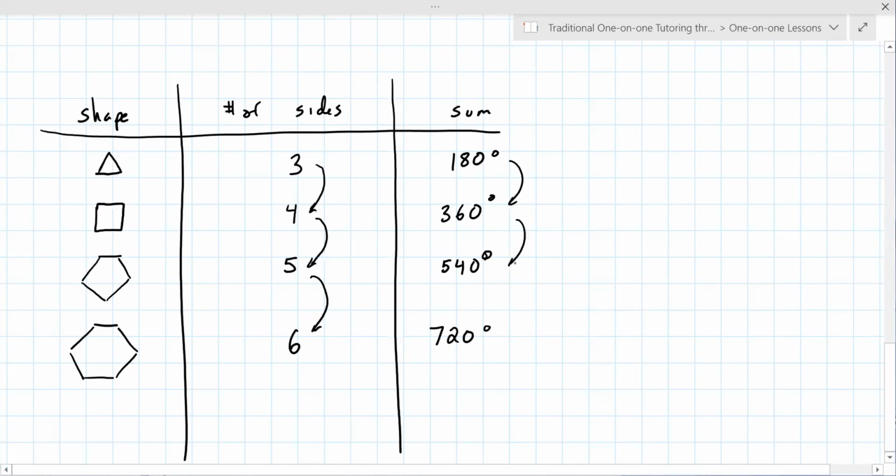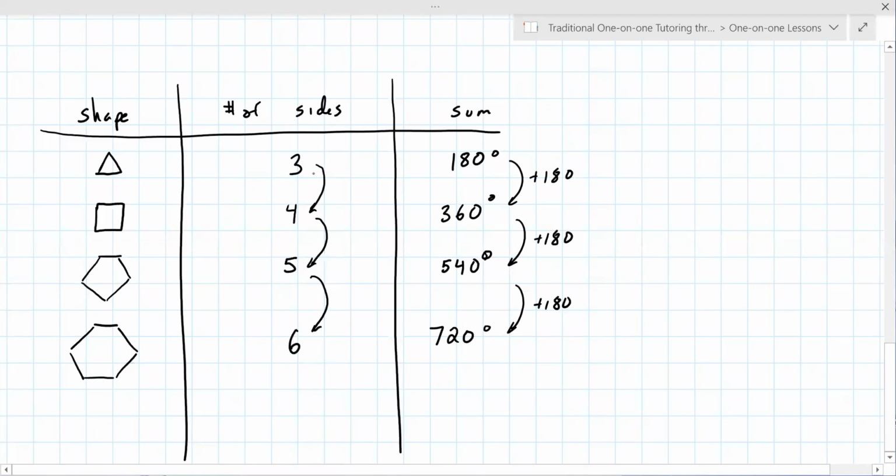What about on the left here? What do these numbers in this middle column go up by each time? They have to add up to 180. Nope. Just look at the numbers: 3 to 4, 4 to 5, 5 to 6. What does it go up by each time? So somehow you figured out that it was 180 over here.